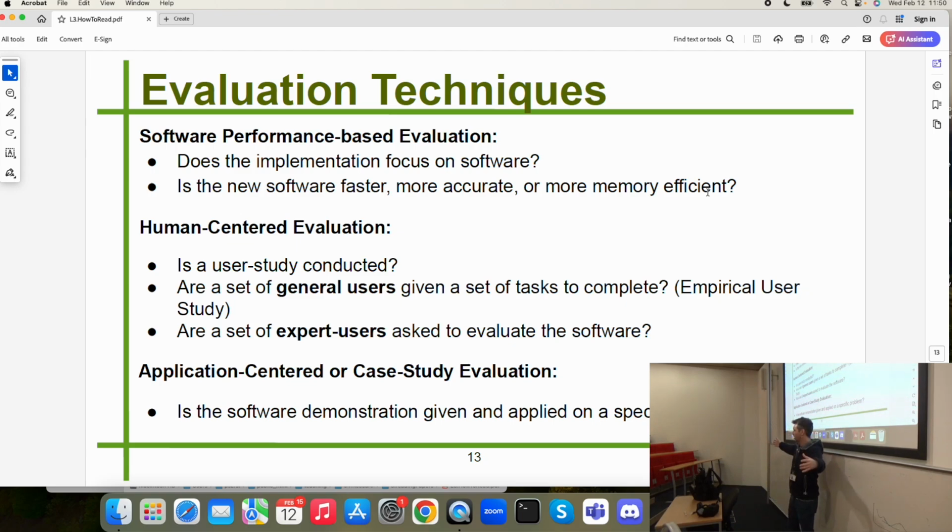ChatGPT is a good example of this. It's very fast and it's kind of accurate, but it occupies, at the cost of a lot of memory and a lot of CPU power, right? A lot. So it's very, very bloated. It's an extreme example, you could say, of this scenario.